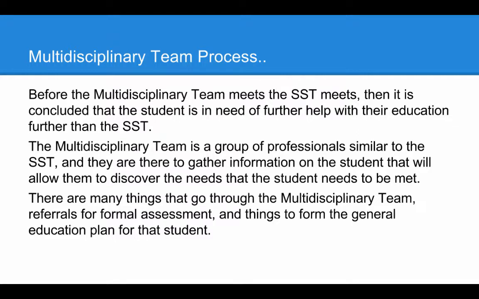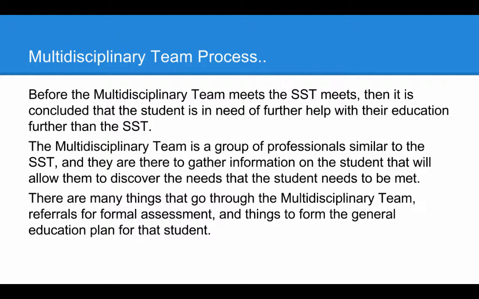So part 3 starts off with the multidisciplinary team process, and this team meets after it is concluded that the student is in need of further help with their education, much further than the SST would be able to provide. This group of people is similar to the SST.